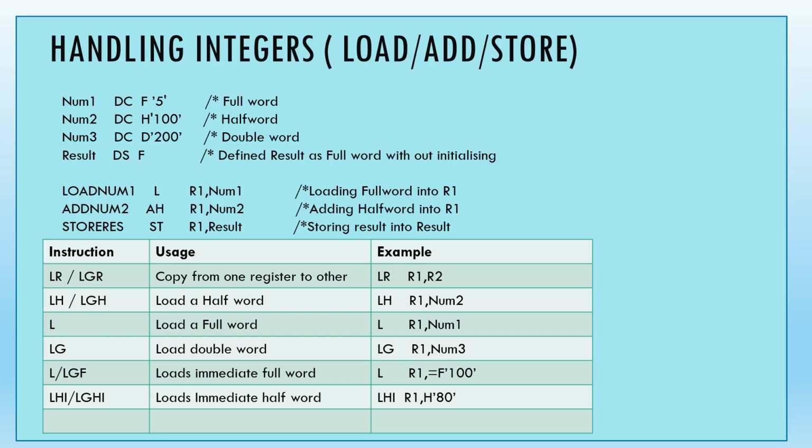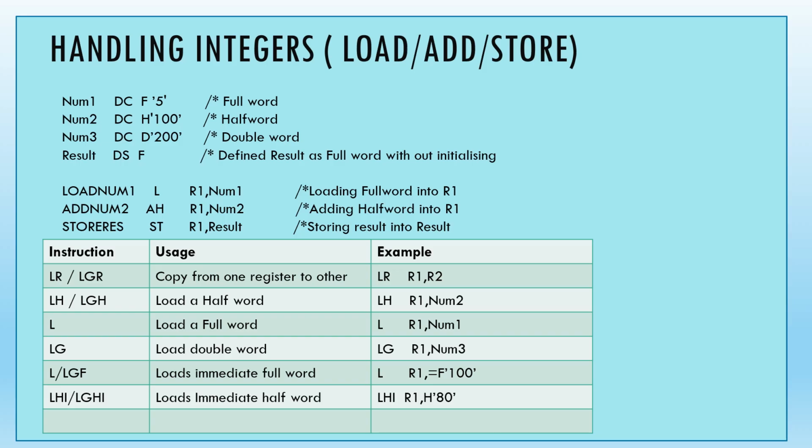This is a very simple snippet, but it gives you very important aspects. One, when we are adding a half word, you have to say AH. Similarly, when you are loading a full word, you have to say L. So let us look at some of these combinations below.